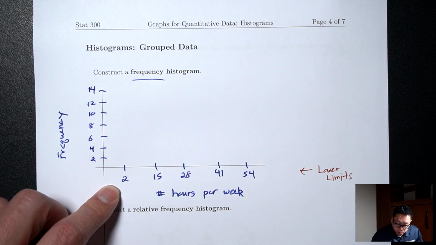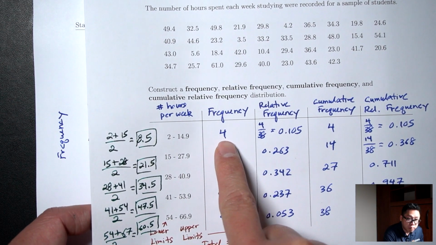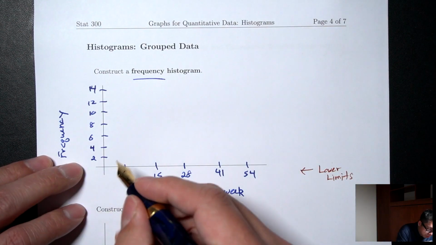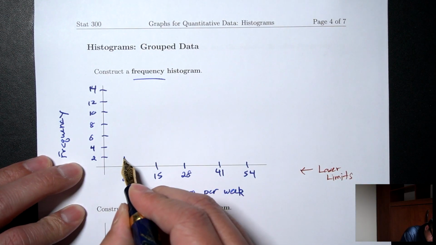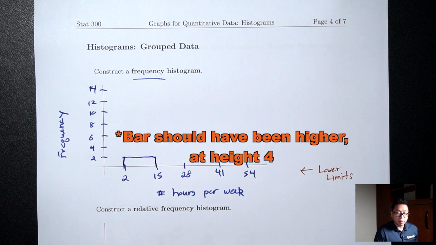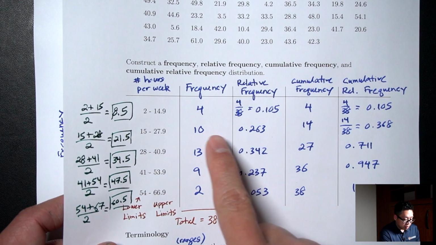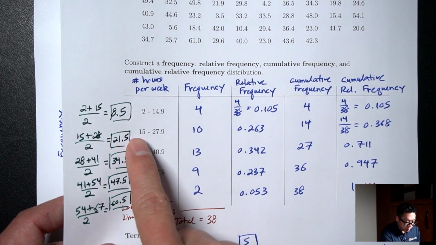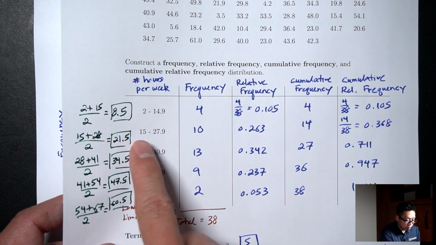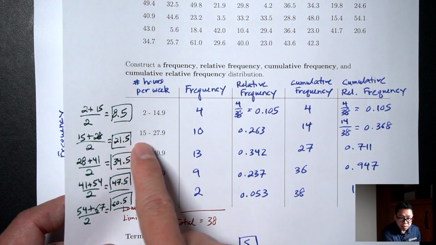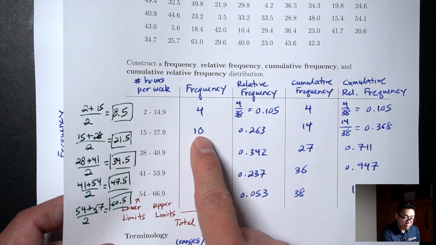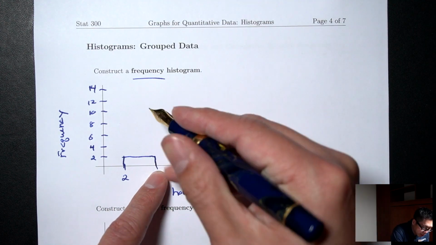So our first bar is frequency 4. My second frequency, 10, okay, that represents the range from 15 to 27.9. So basically from 15 to 28. So I need a bar, height 10, from 15 to 28.